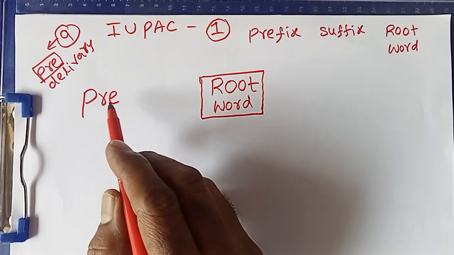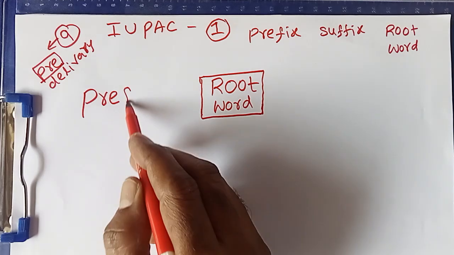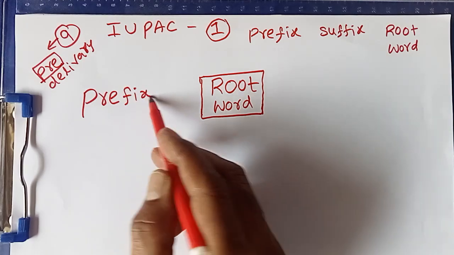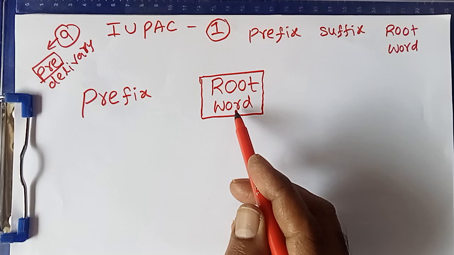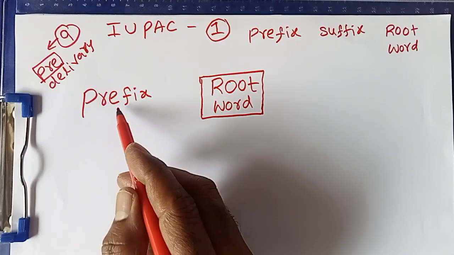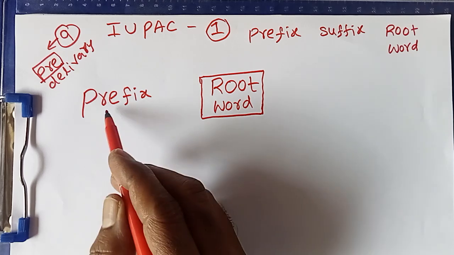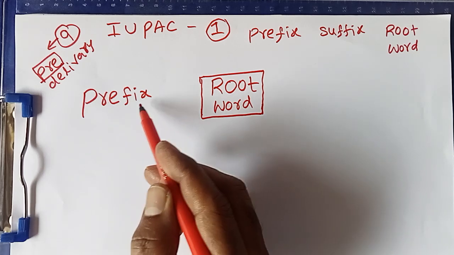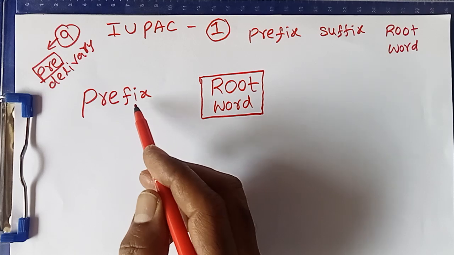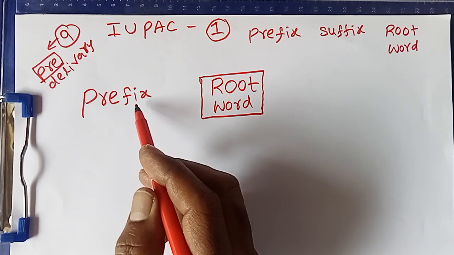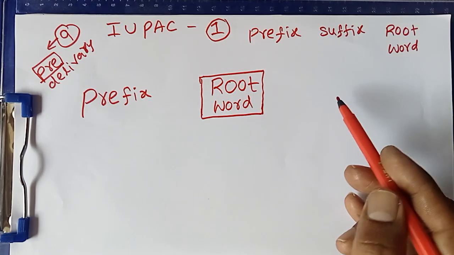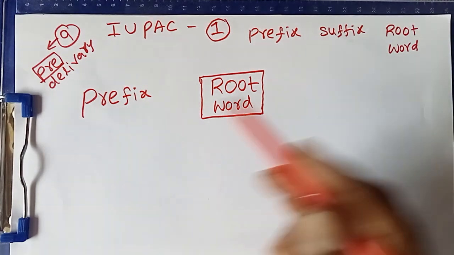And this place is fix. So you can add fix. So before the root word, the term used is the prefix. Pre meaning before, fix means no change. This position does not change, fixed here. That's why prefix.